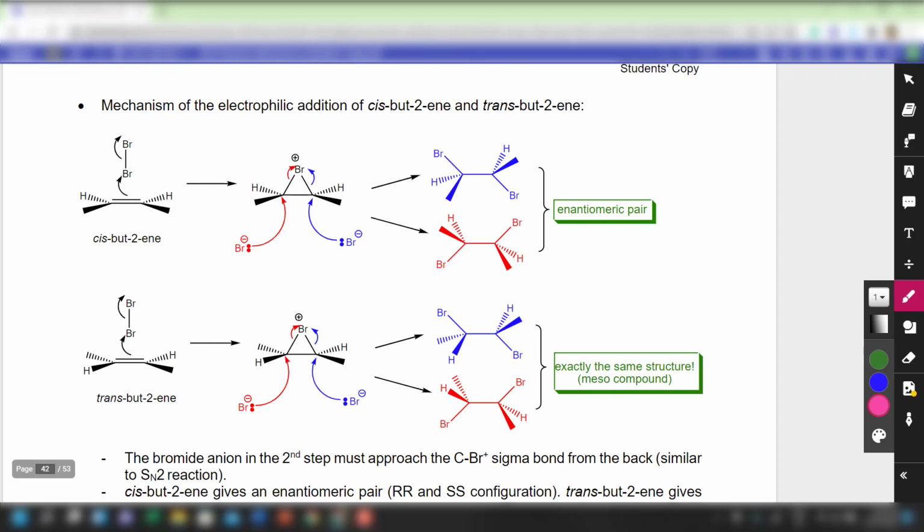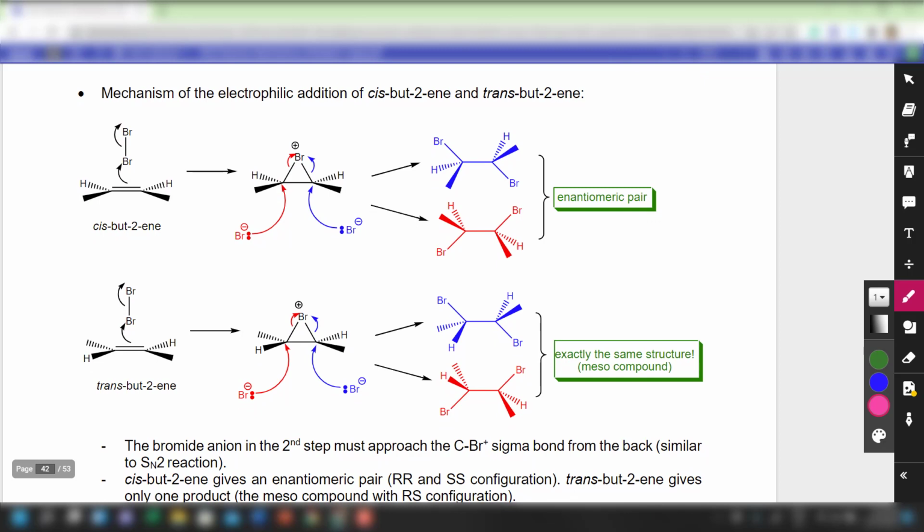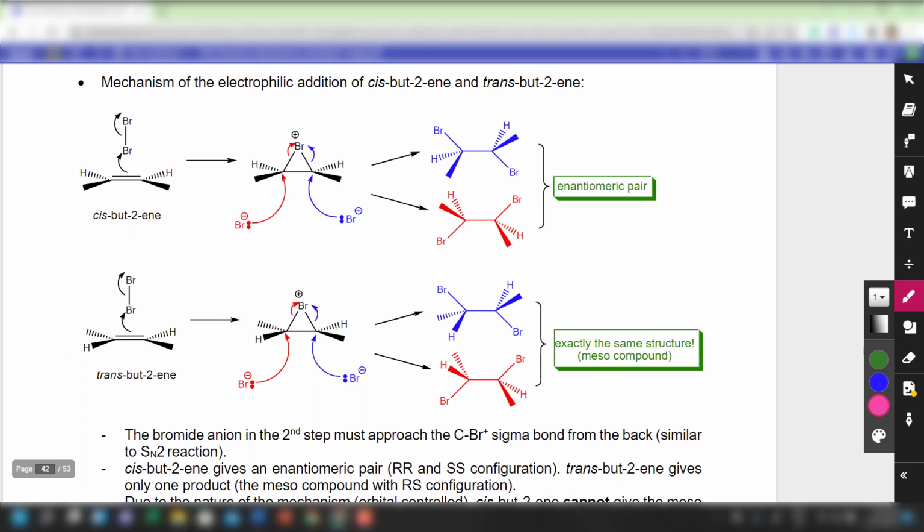Over here we have the mechanism for the electrophilic addition of cis-but-2-ene and trans-but-2-ene. This is probably the answer to your guided inquiry or to your activity 5, the stereospecific addition. For cis-but-2-ene, I'm going to get an enantiomeric pair.